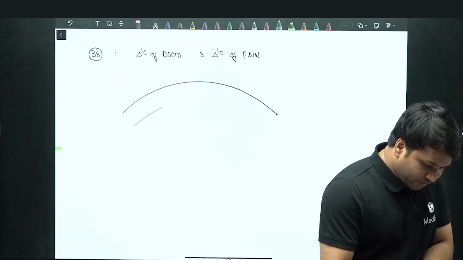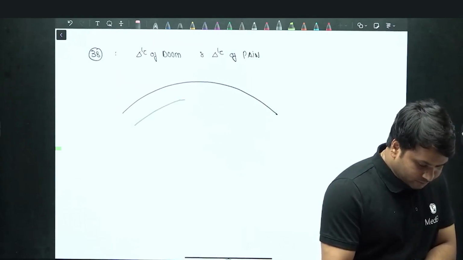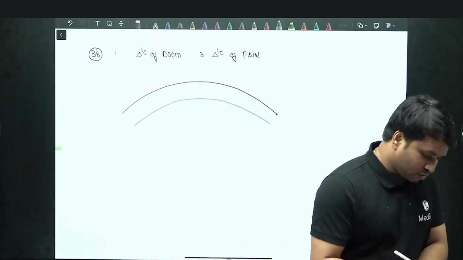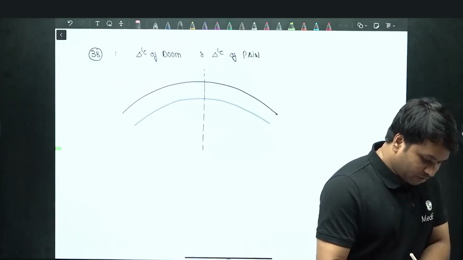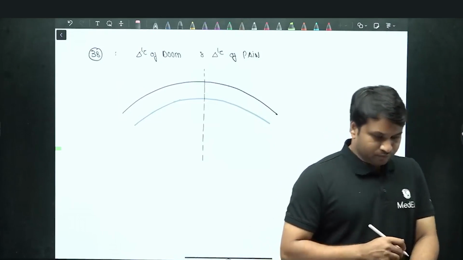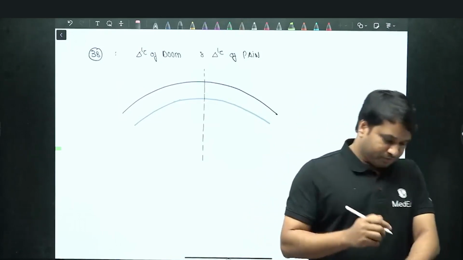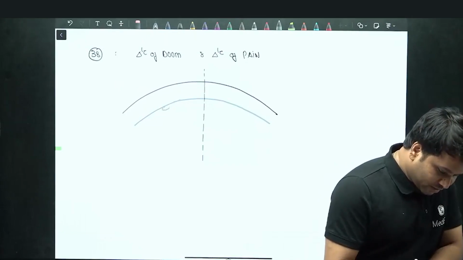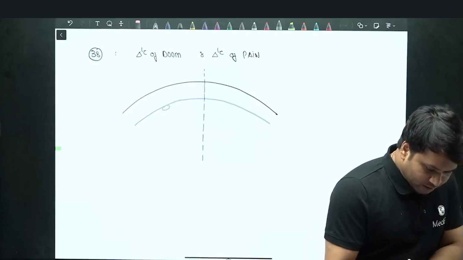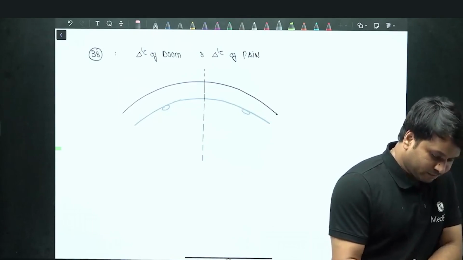This happens to be the fascia transversalis, which is the innermost component. This is the midline we're talking about. Now, there's a defect in the fascia transversalis, and this defect is going to be your deep inguinal ring.